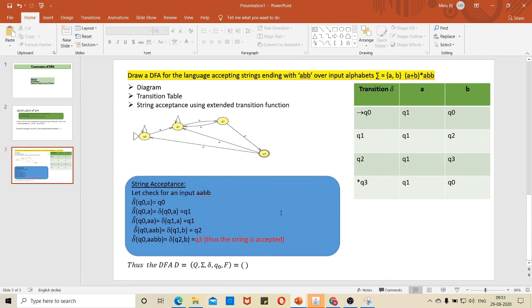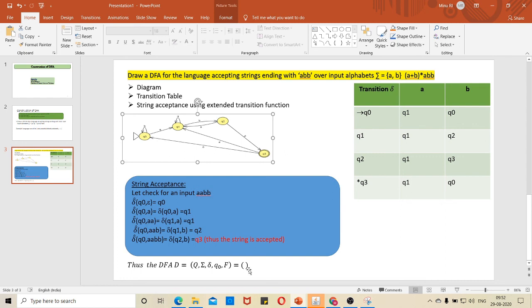For a given problem, we think of some language and write some example language. With the help of that, using some computational intelligence with our brain, we have drawn this DFA. From this DFA, we have drawn this transition table. Then we have taken a very small input string and written the transition function.